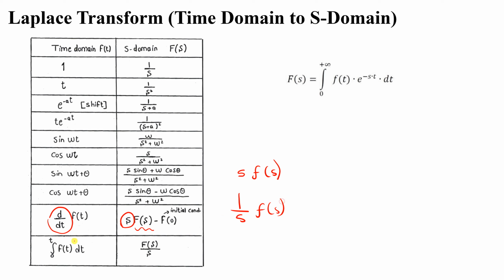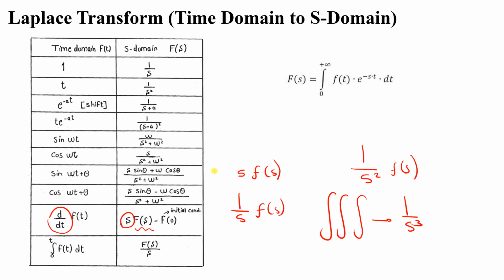So remember, this is very important as we will use this a lot. If I would like double integration, it will be 1 over s squared. Why? Because it is an integration and another integration. And if you would like triple integration, it will be 1 over s cubed.